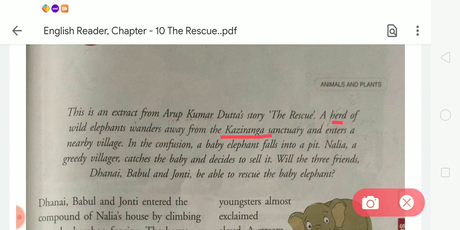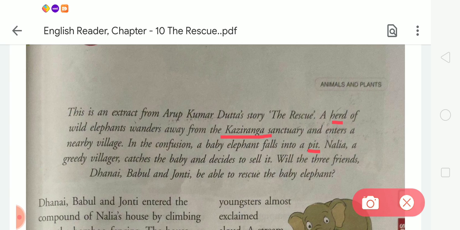So a large group of elephants wanders away from the Kanchiranga sanctuary and enters a nearby village. In the confusion, a baby elephant falls into a pit. What is the meaning of pit? Do you know the meaning of pit? Yes, it means a large hole in the ground.